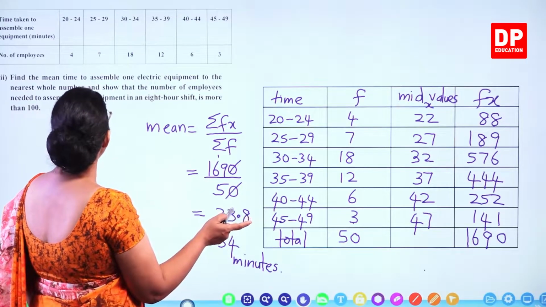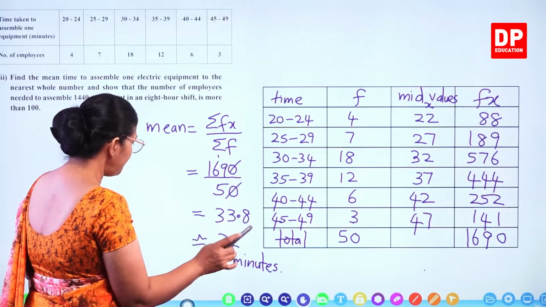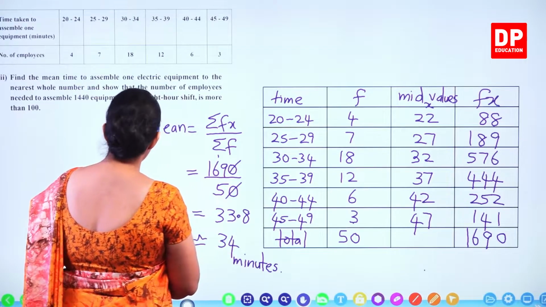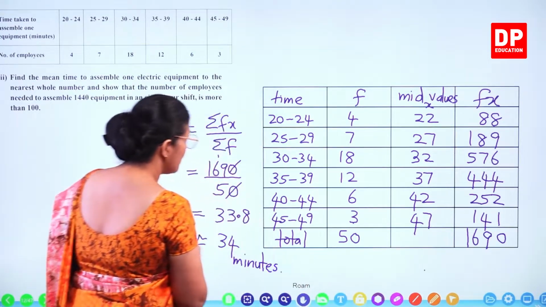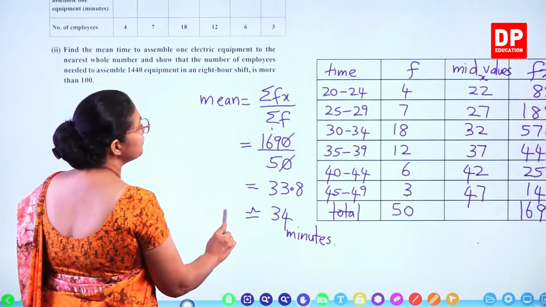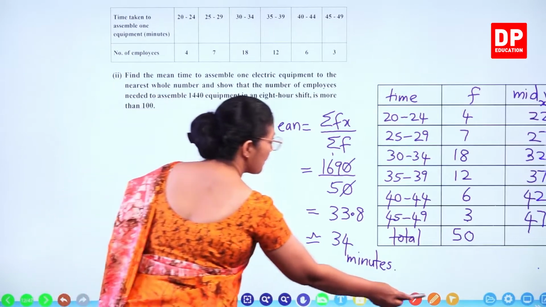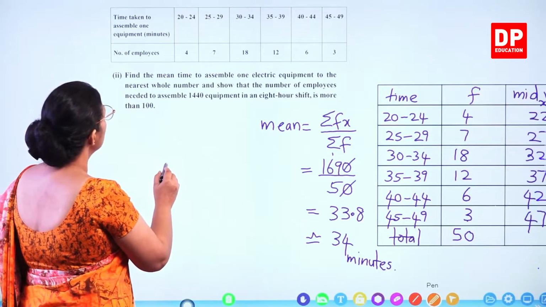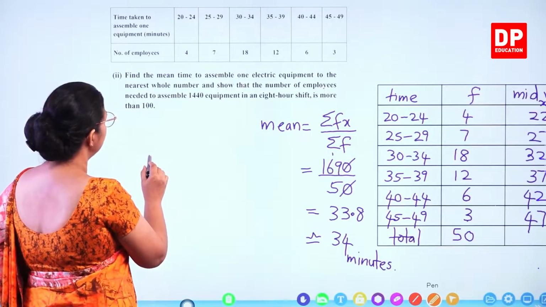Now we need 1440 equipments. So we have to multiply this number by, let's do it here. You have to find out the number of employees needed.